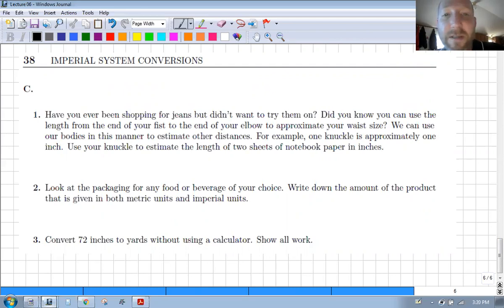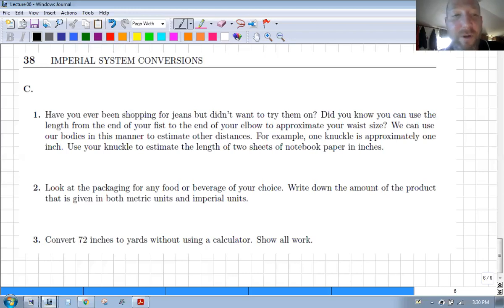Use your knuckle to estimate the length of 2 sheets of notebook paper in inches. I don't have any notebook paper, but I think y'all can imagine in your minds measuring notebook paper with your knuckle. It's going to be fairly accurate. Look at the packaging for any food or beverage of your choice.